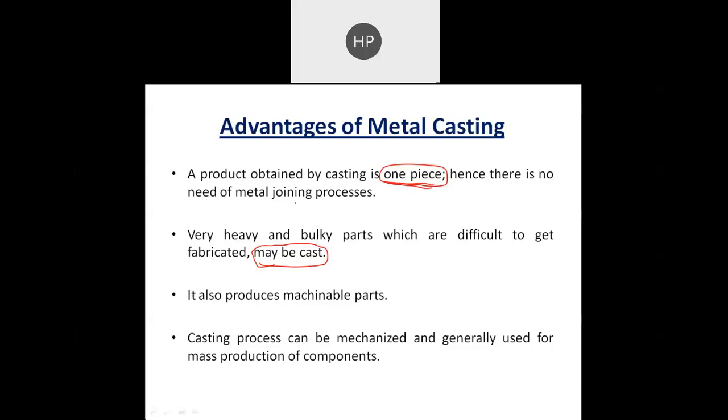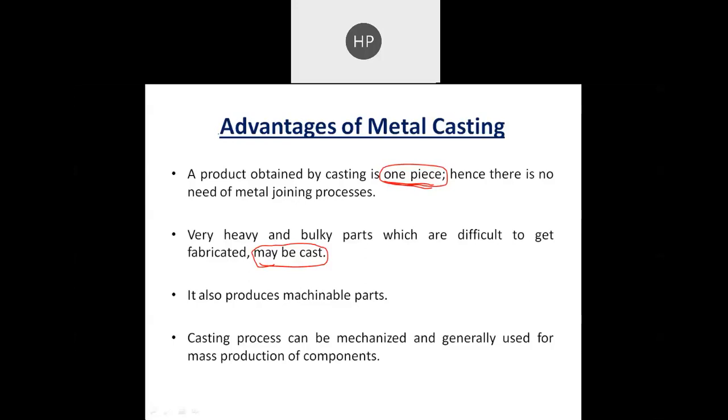But such a product can be easily cast, because in casting we do not require such machining operations.